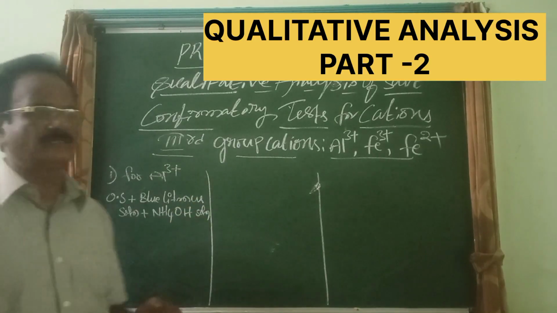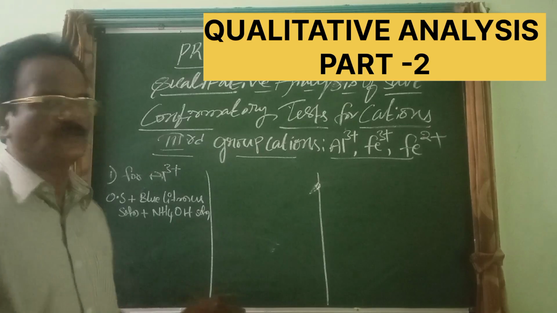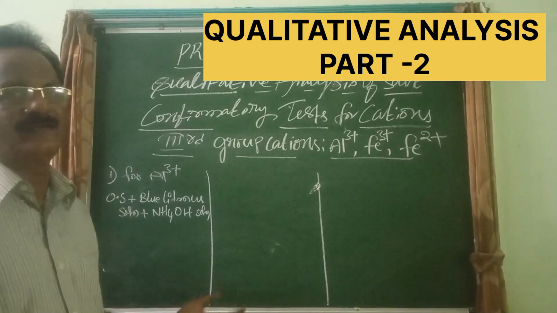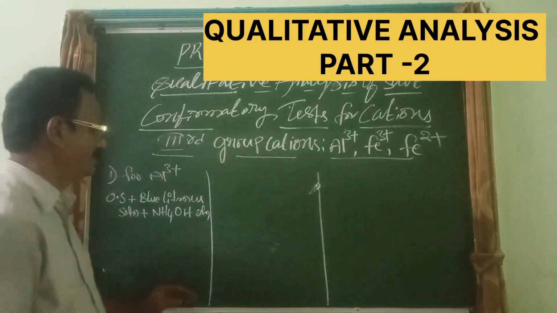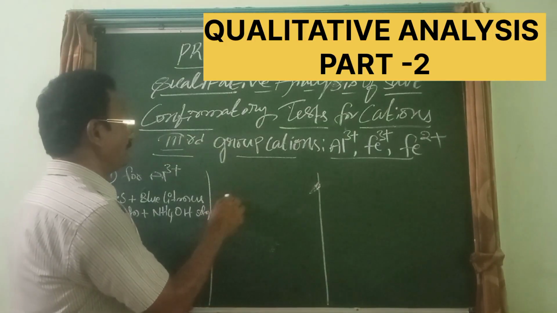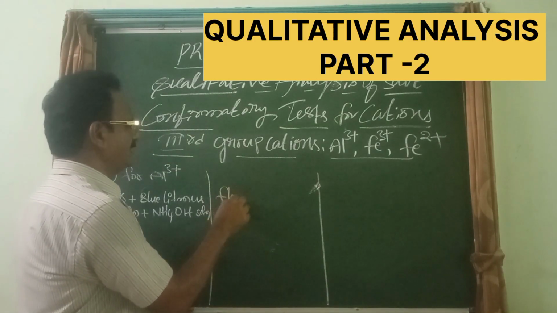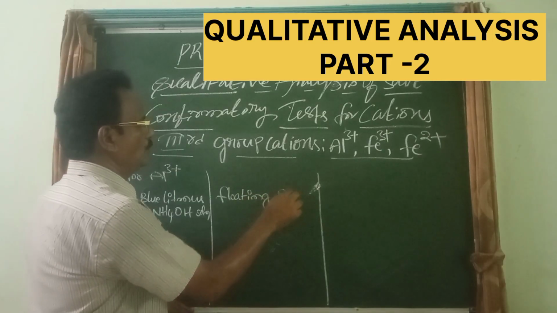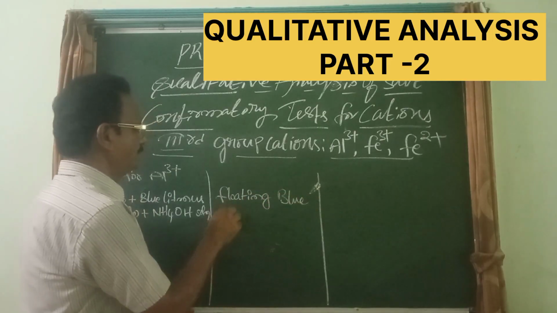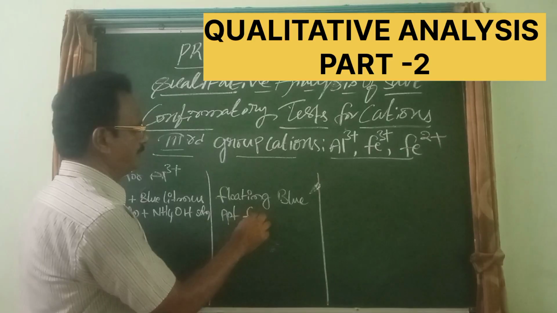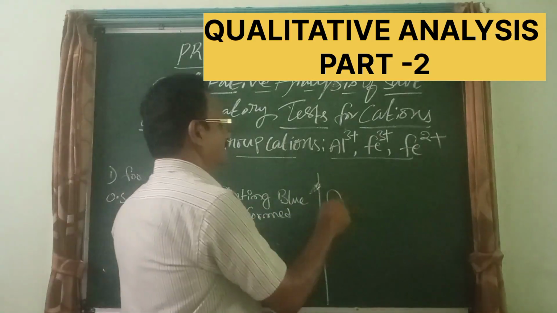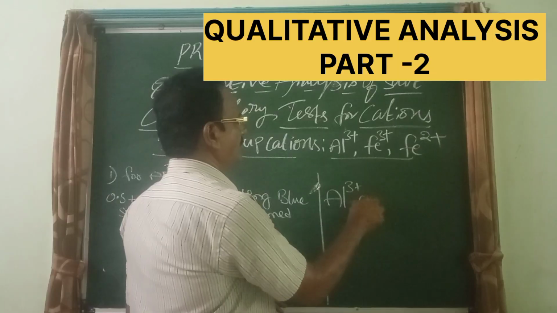If original solution is added with a few drops of blue litmus solution followed by ammonium hydroxide solution, if there is floating blue precipitate formed, Al3+ is confirmed.